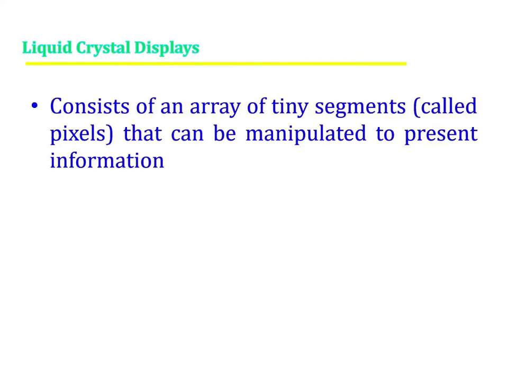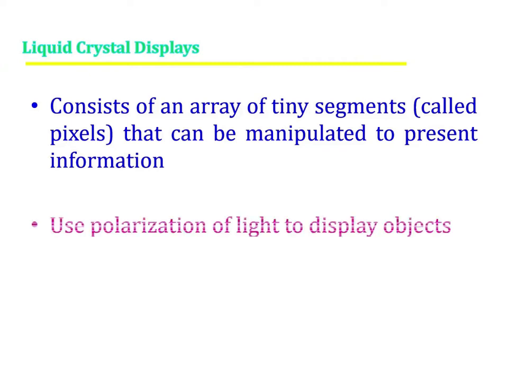Liquid crystal displays, shortly called LCDs, consist of an array of tiny segments called pixels that can be manipulated to present information. They are display devices that use polarization of light to display images and objects.